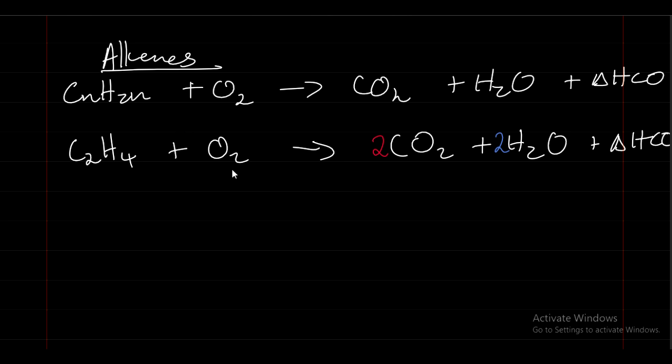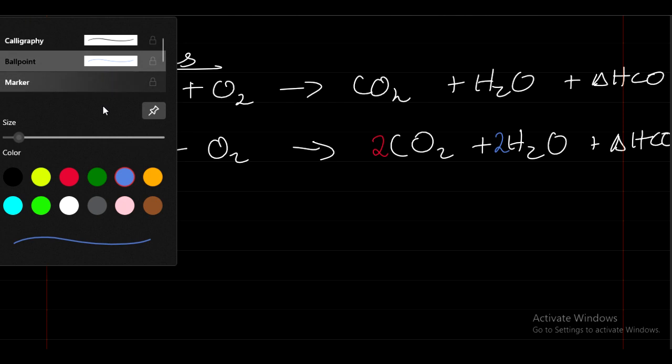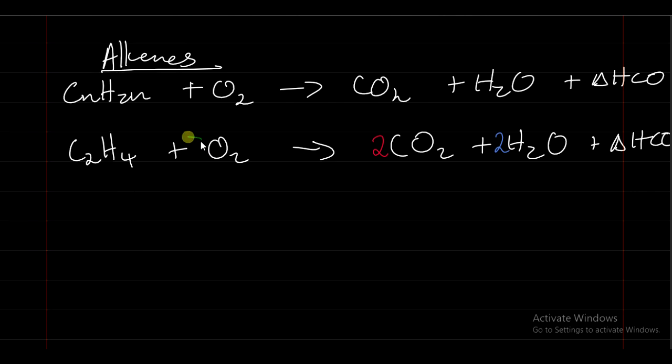Before I balance the oxygen, I must check the number of oxygens on the right, because I've put my stoichiometric coefficients. Here I have 2 times 2, which is 4, plus 2. So 4 plus 2 is 6. So here I must put 3, so that I have 3 times 2, which is 6 oxygens.